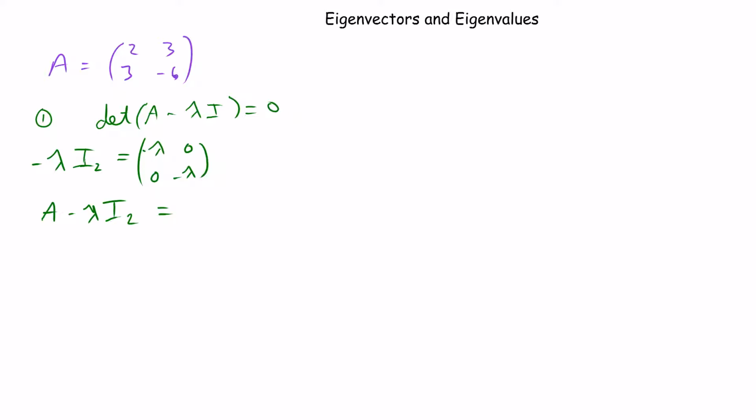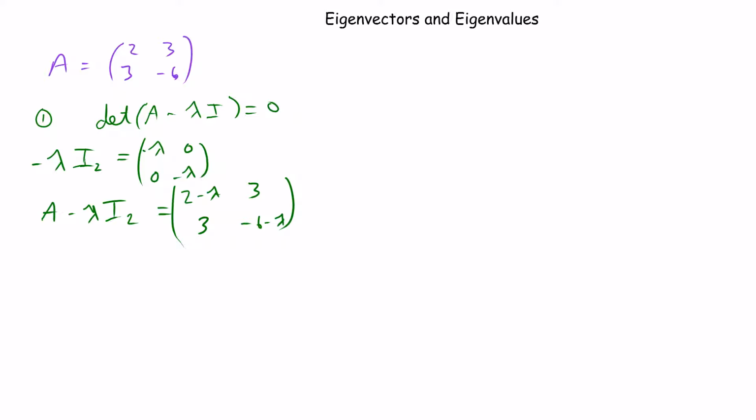So A minus lambda I2 is equal to 2 minus lambda, 3, 3, and then -6 minus lambda.